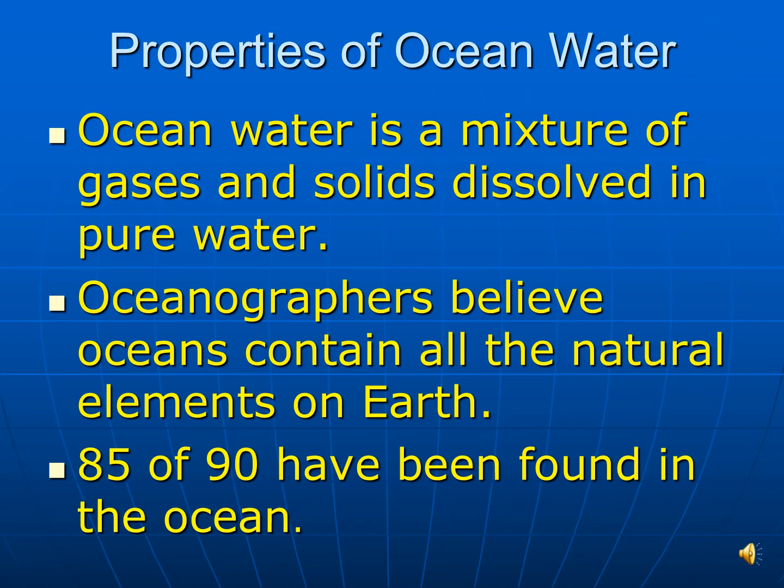Now, what about the ocean do we really need to know? The ocean is actually a mixture of gases and solids dissolved in pure water. What they believe is that the earth has all the natural elements inside of the ocean.